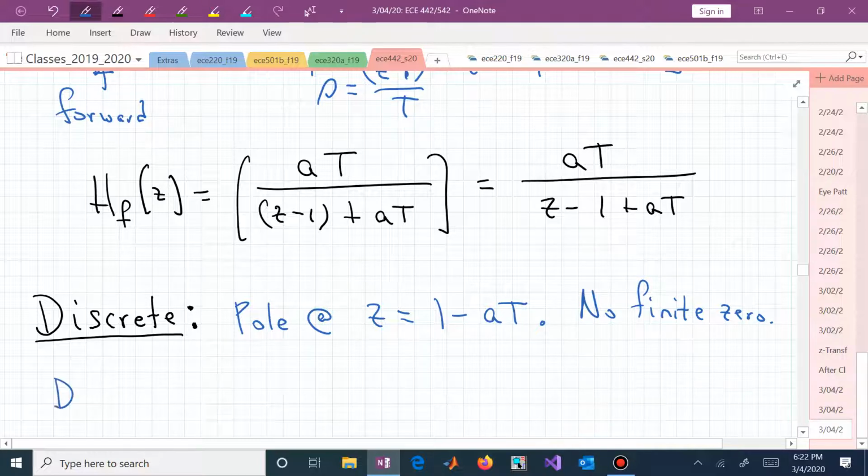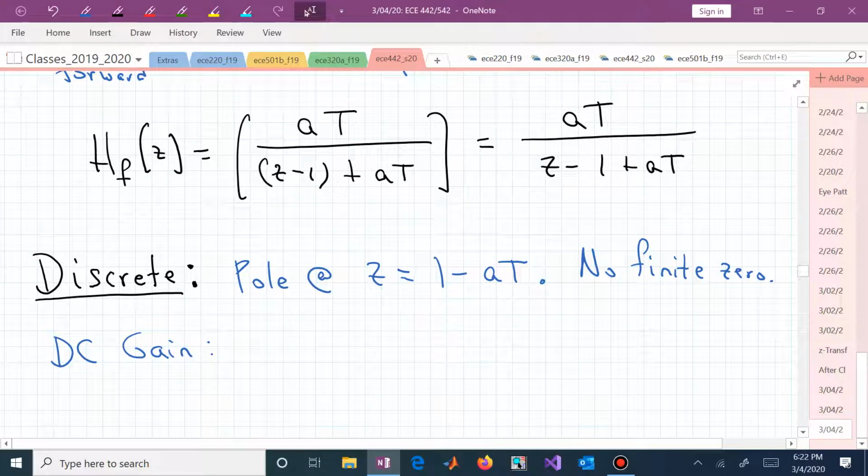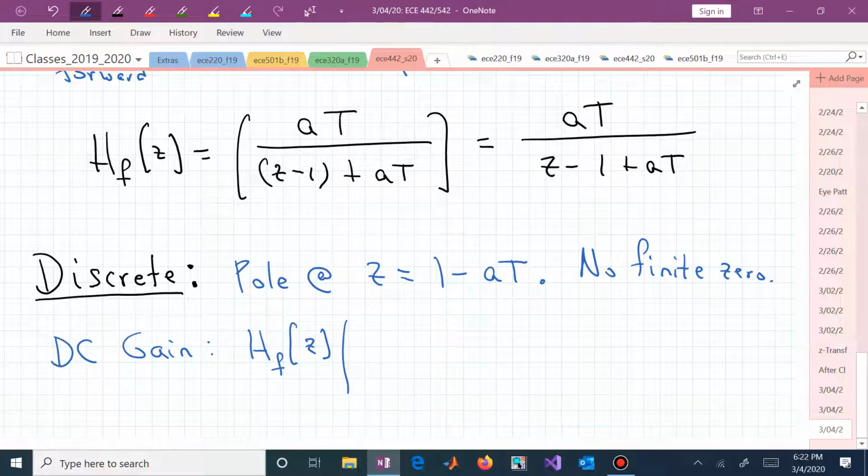What's the DC gain? So now, H sub f of z, how do we find the DC gain? What value of z is DC in the z-plane? What was the DC gain in the s-plane? s was 0.